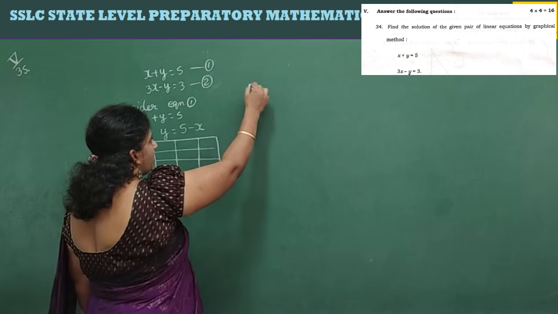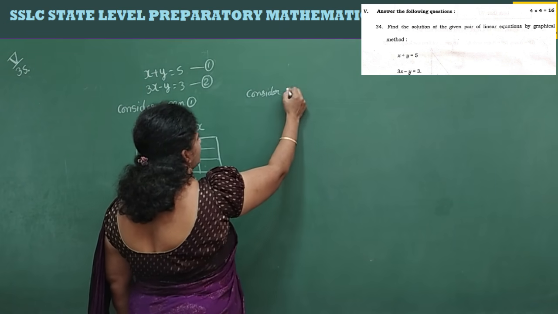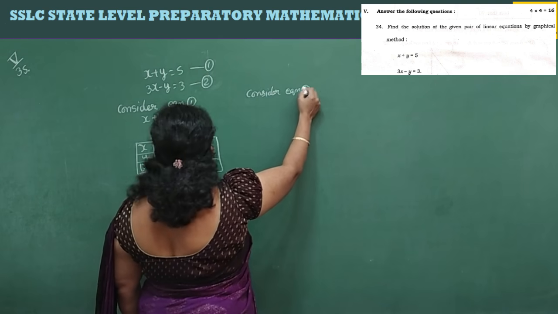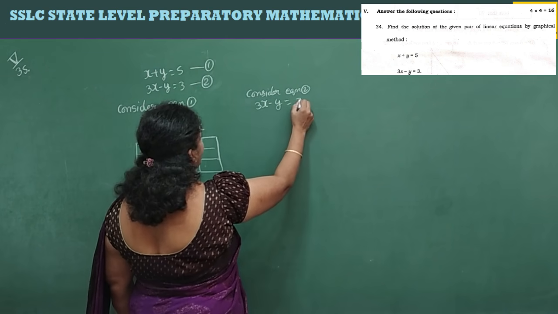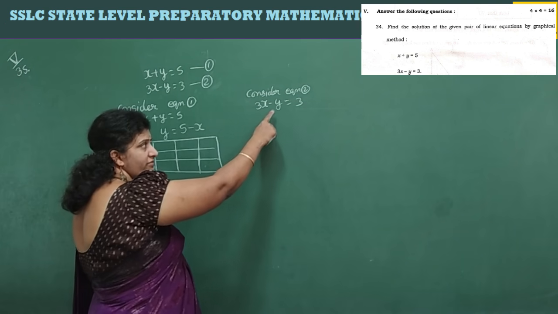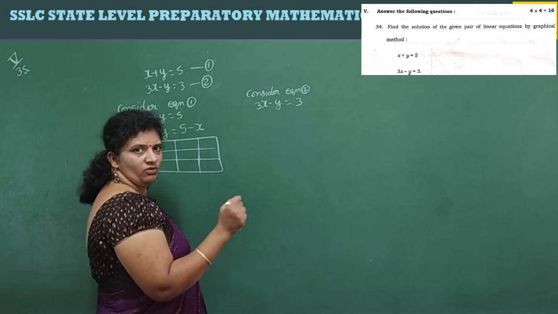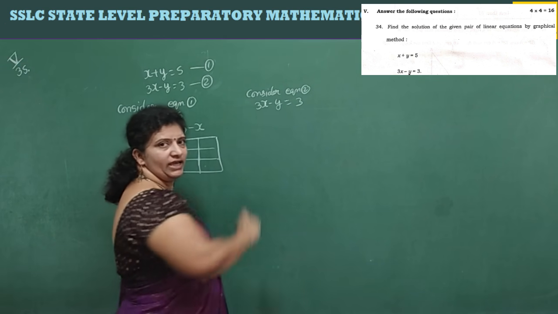And now in the same manner, do a partition and write, consider equation 2, and what is the equation? 3x minus y equal to 3. Rewrite the equation in the form of y. Observe y first. Is it positive or negative? Positive means don't disturb y. And here you have a negative.